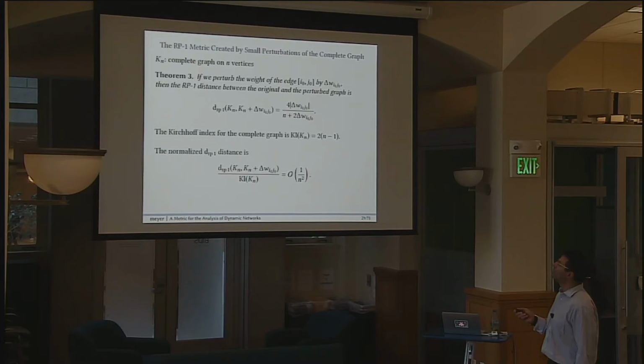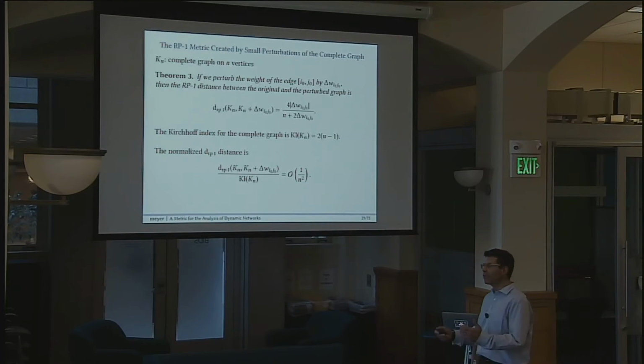And we're going to perturb this by modifying a single edge. And we can work out the math. It's not that difficult. And then it turns out that we can get a closed form expression that tells us that as the size of the complete graph grows, the distance between the original and the perturbed graph decays like 1 over n. So we get the right scaling.